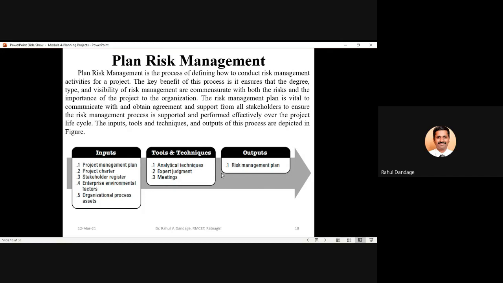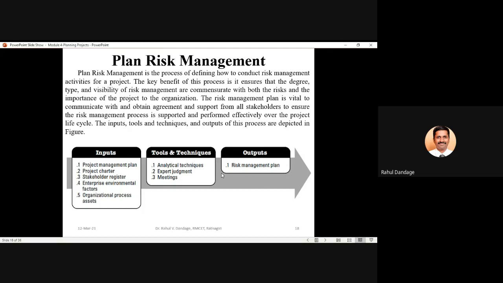The various inputs, tools and techniques, and outputs for this particular process: the inputs are, you should have your project management plan with you. The project charter should be clearly defined and ready. The stakeholder register you should have maintained, because you need to communicate your risk management plan to the stakeholders. Enterprise environmental factors and organizational process assets.